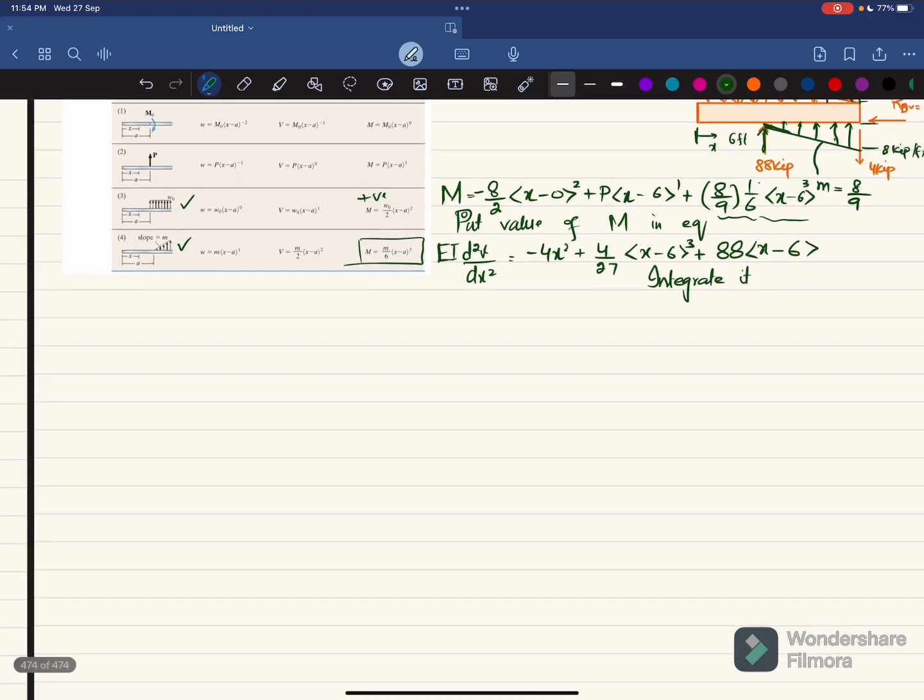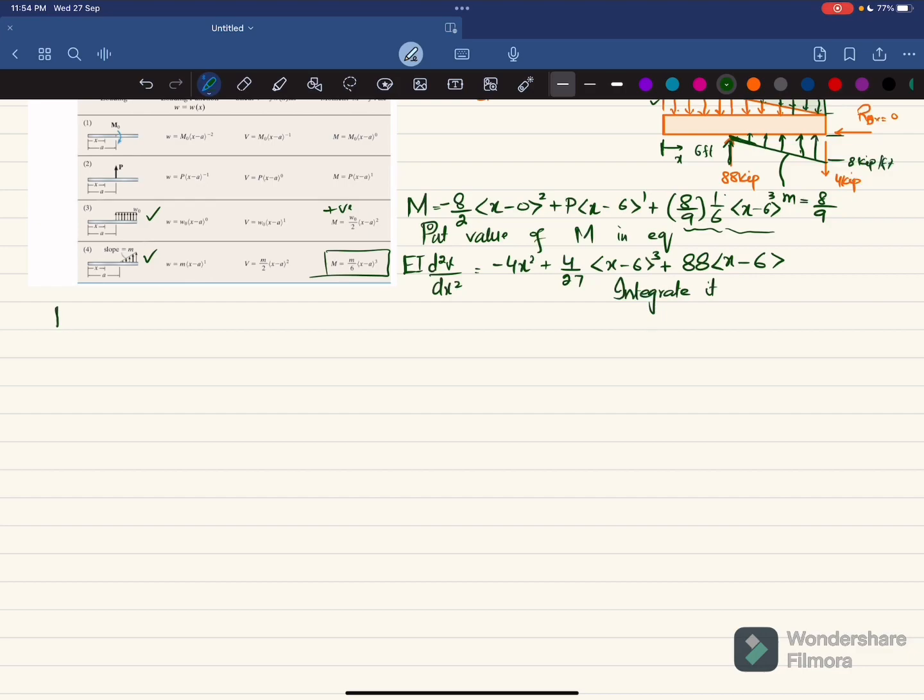What we will do is integrate it. So when you integrate it, you will get EI into dV over dx will be equal to minus 4x cube over 3 plus 4 over 27 into x minus 6 power 4 divided by 4 plus 88 into x minus 6 power 2 divided by 2.